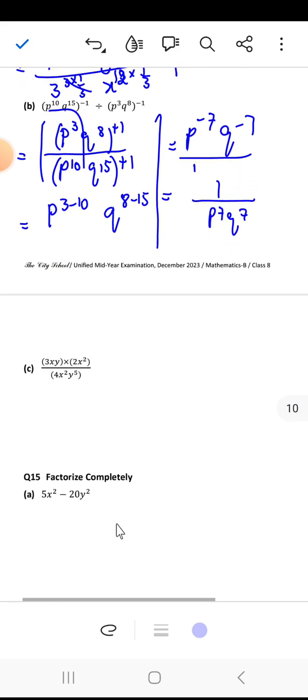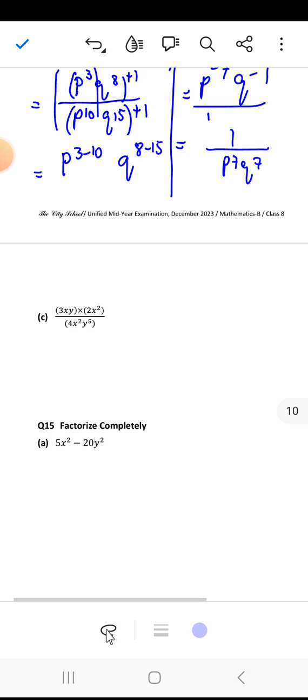Moving on to the next question. Another question of indices. You can see that I can solve the front or the top part first. So 3 into 2, I can just write it down, 6. X square into x, it will be law 1, x raised to 1 plus 2.